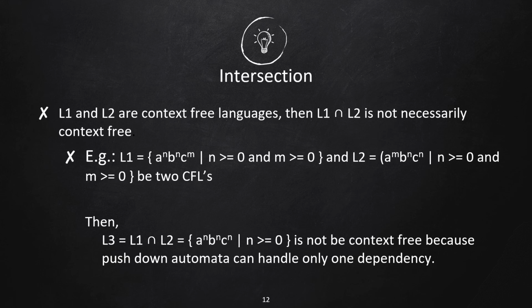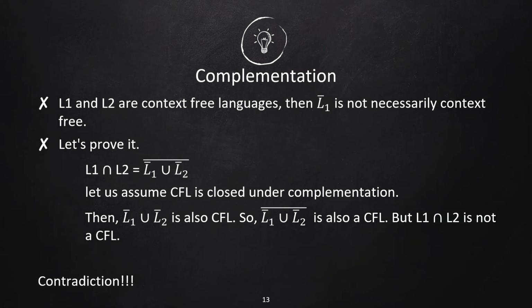Let us see the case for complementation. If L1 is a context-free language, then the complement of L1 is not necessarily context-free. Let's prove this by contradiction. We can represent L1 intersection L2 in the following way: (complement of L1 union complement of L2) whole complement. Let us assume that context-free languages are closed under complementation. In that case, the complement of L1 is a context-free language and the complement of L2 is also a context-free language.